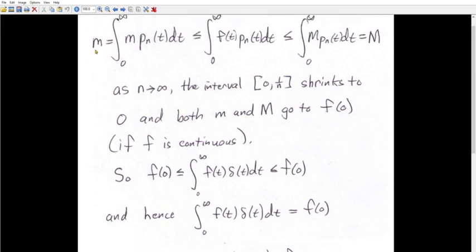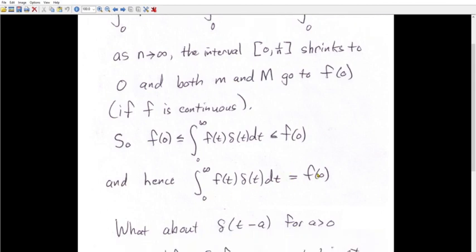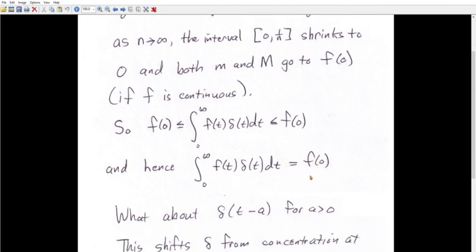And when we look at this inequality, we see that f of 0 is less than or equal to the integral of f of t delta of t dt, which is less than or equal to f of 0, which means that this integral has to be f of 0. So if you integrate the delta function, delta of t, against a function f of t between 0 and infinity, what's going to come out is the function value of f at 0.